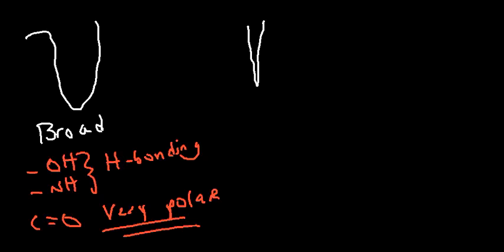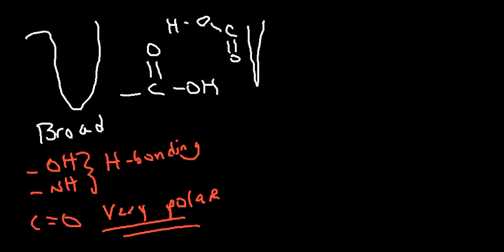In the case of hydrogen bonding, the reason why, let's say, a carboxylic acid is broad is because of all the intermolecular bonds that are formed between carboxylic acid molecules. So this is the intermolecular hydrogen bond.